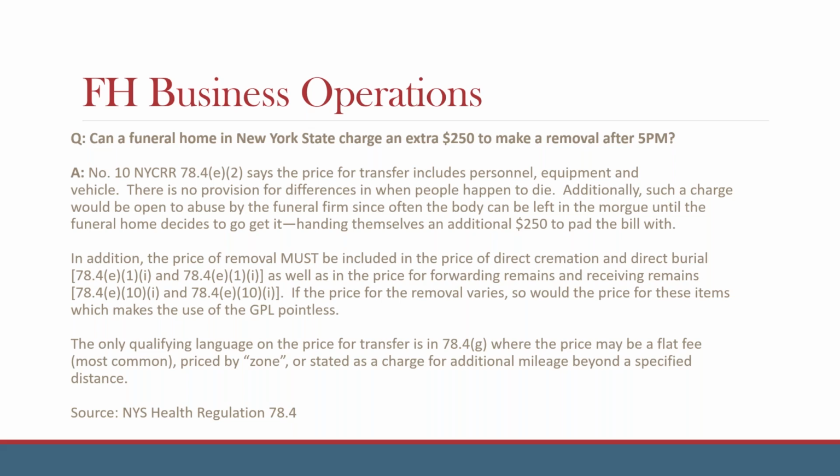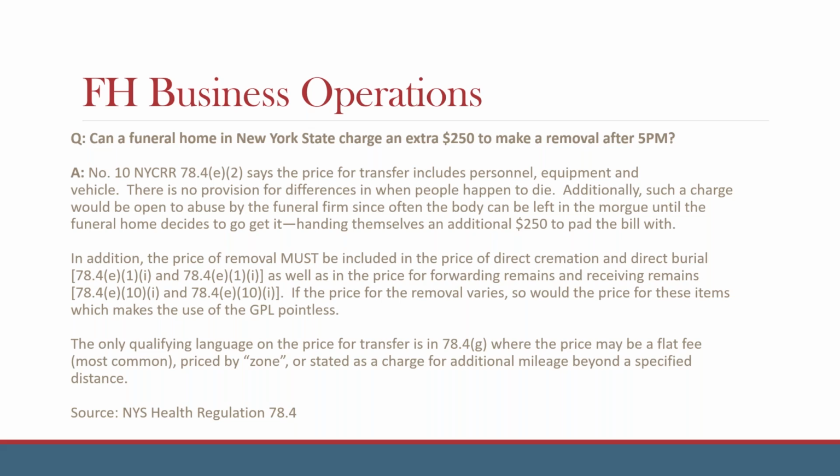The package price can be discounted from each of those if they were done and chosen individually, but it can't be more. So for argument's sake, let's say all the pieces of your package price, if you were taking them from the GPL list, add up to $1,000.